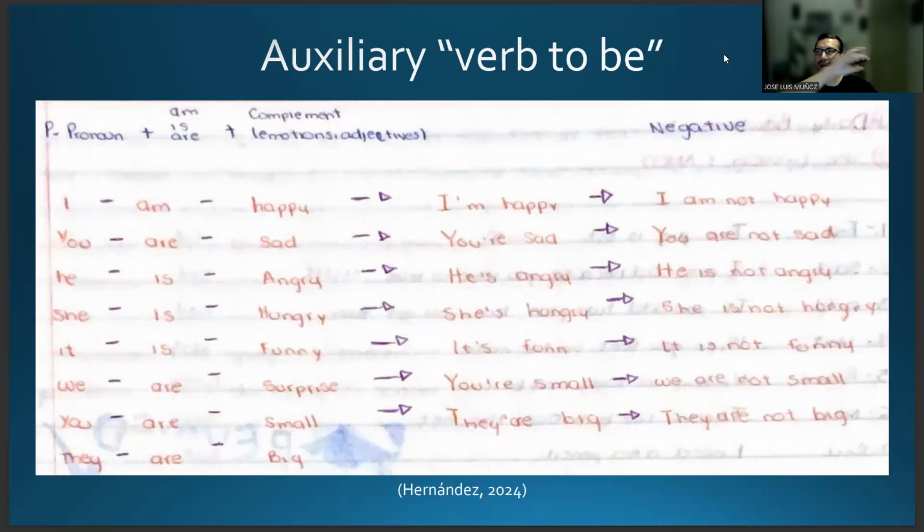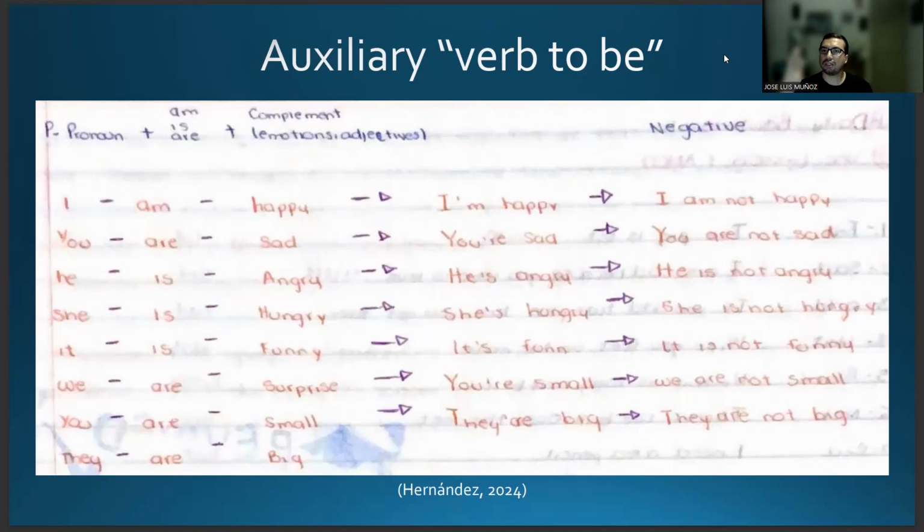For example, we mix here: I am happy. You are sad. He is angry. She is hungry. After that, it is funny. We are surprised. Finally, you are small and they are big.